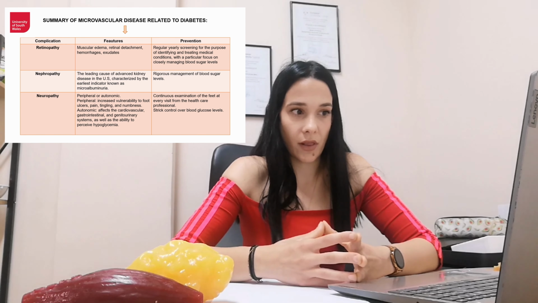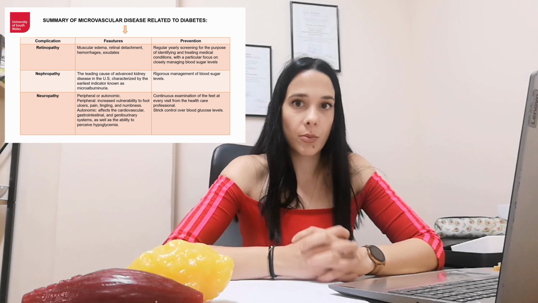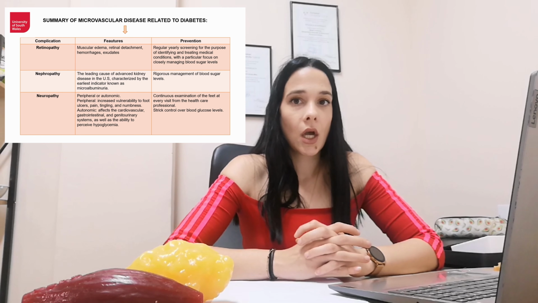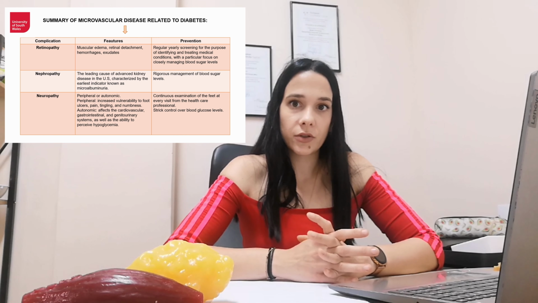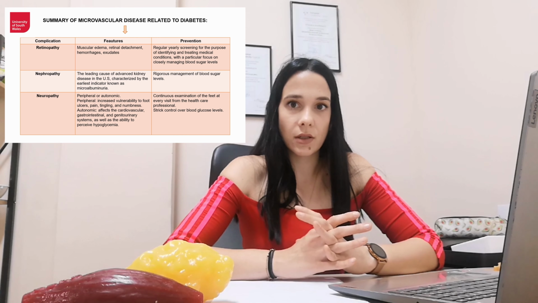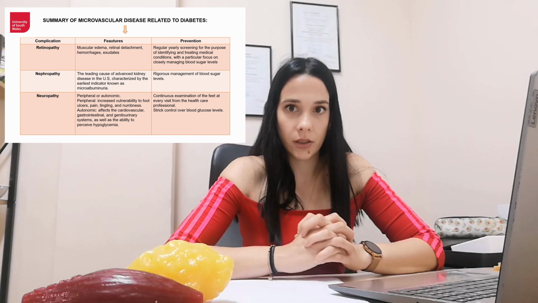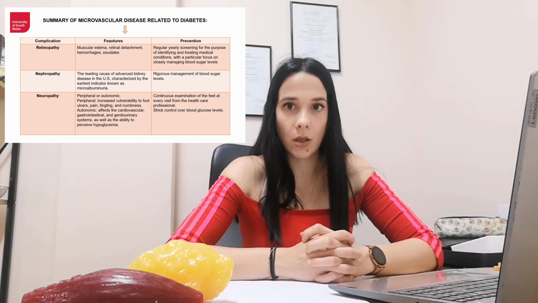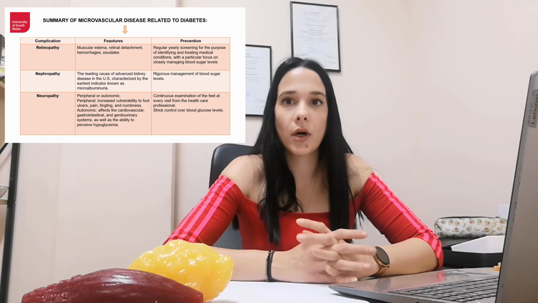We have to visit our healthcare professional, and our healthcare professional has to take a close look at our feet. Also, another important factor that I would like to mention is that all of these microvascular diseases need close monitoring of blood glucose to be within the targeted limits given by our guidelines.